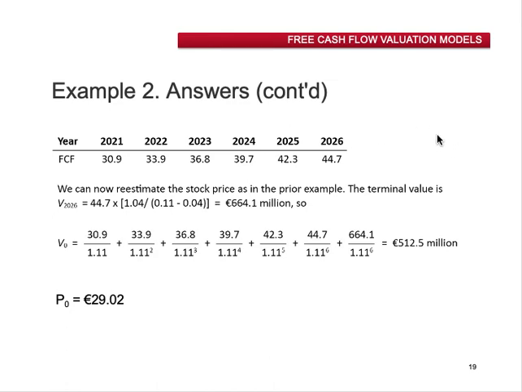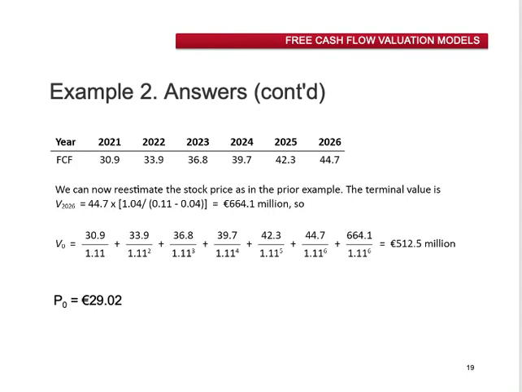So in other words, the present value of the cash flows in 2027 and beyond is what we call the terminal value in 2026. The terminal value gives us an amount of 664.1 million at 2026. So we need to discount that 6 years back. 1, 2, 3, 4, 5, 6 years back.